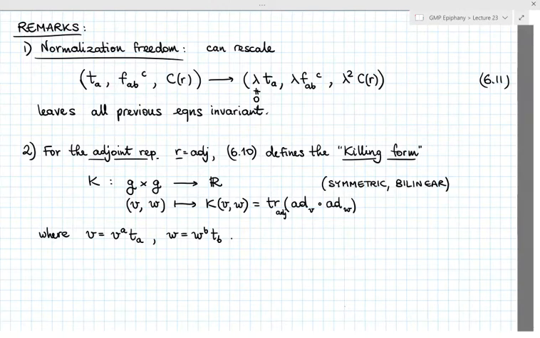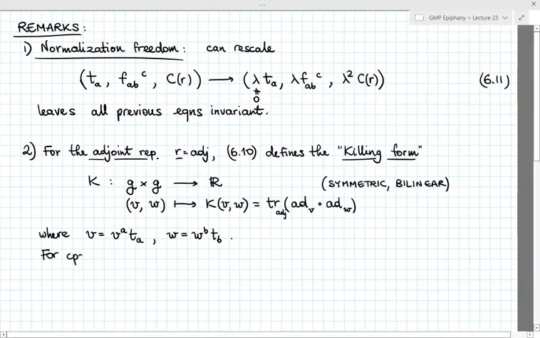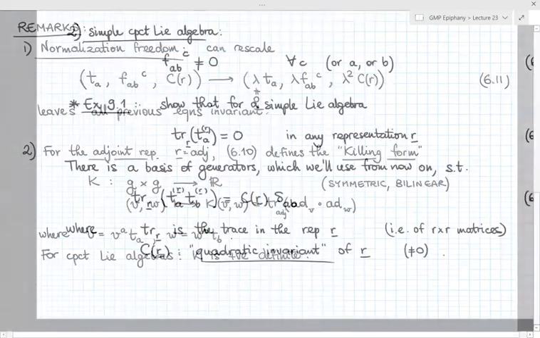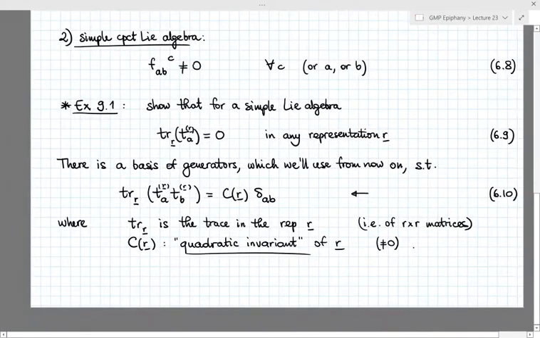So essentially it defines a metric on the Lie algebra. So if we go back to equation 6.10, it turns out that for the adjoint representation, in which case we're discussing the Killing form, but in fact for any other finite dimensional so-called unitary representation, this quadratic invariant C(R) is positive.